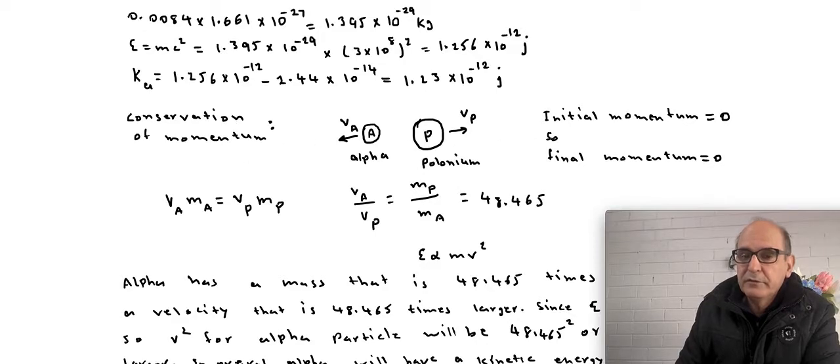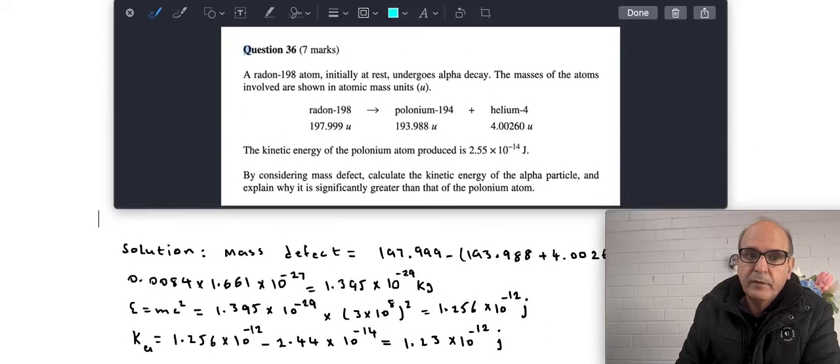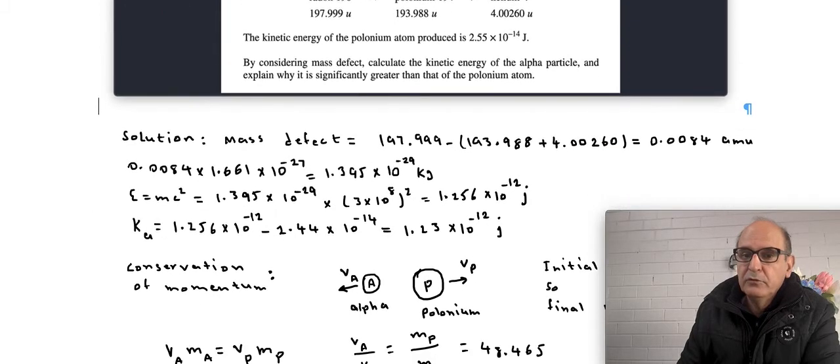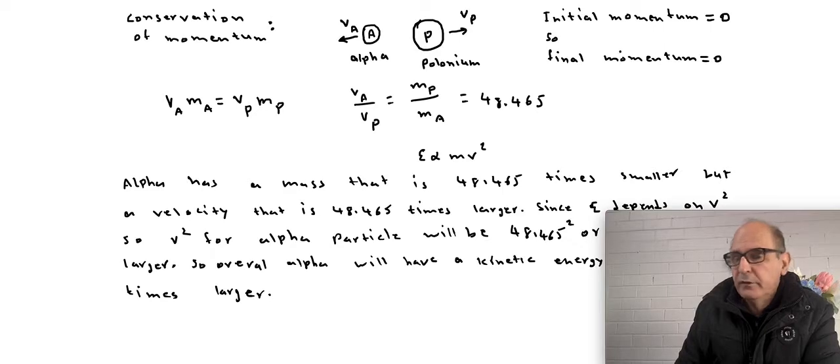Conservation of momentum states that initial momentum is always equal to final momentum, so the total momentum of the system before and after the decay is the same. Because radon 198 is initially at rest, our initial momentum is 0, so the final momentum will also be 0.